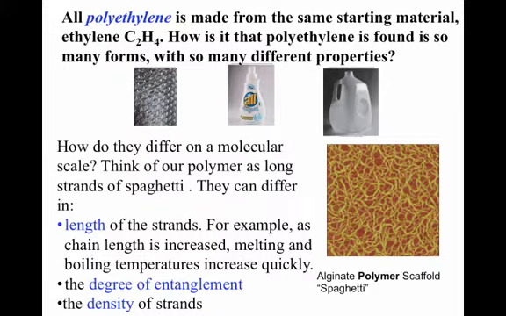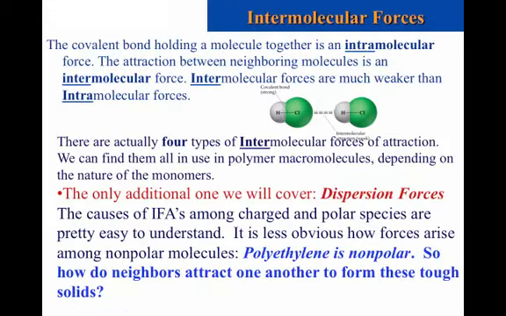As you get longer, the melting point increases quickly. The degree of entanglement of the individual strands can vary. And then there is the density of the strands, the close packing, how much alignment. The more aligned they are, the more crystalline the overall material seems, and that gives it great rigidity and strength.